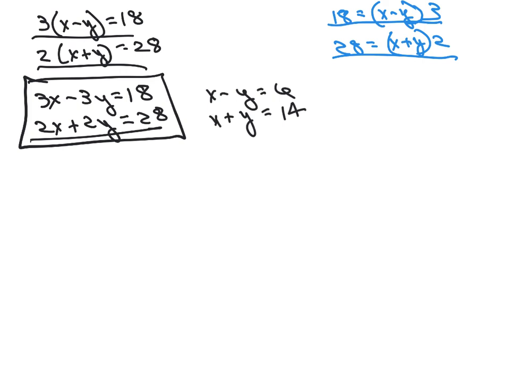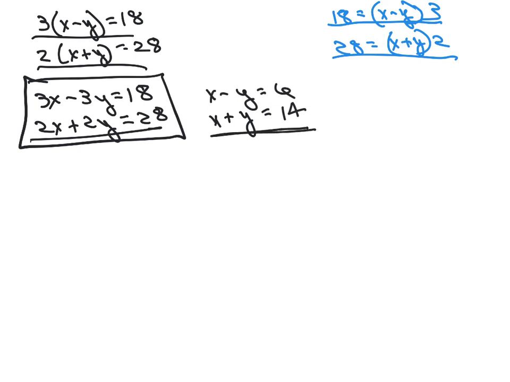So this pair of equations is equal to that pair. We just got rid of the common factors, the 3's and the 2's, which does make it a lot easier if you can follow that way of thinking.